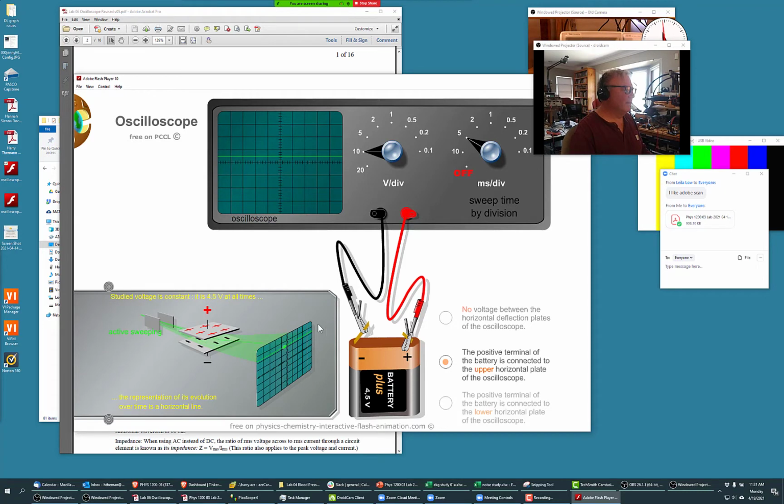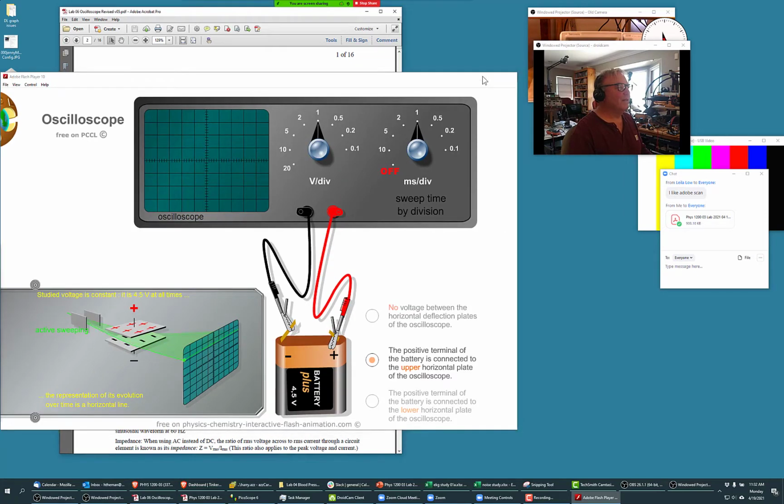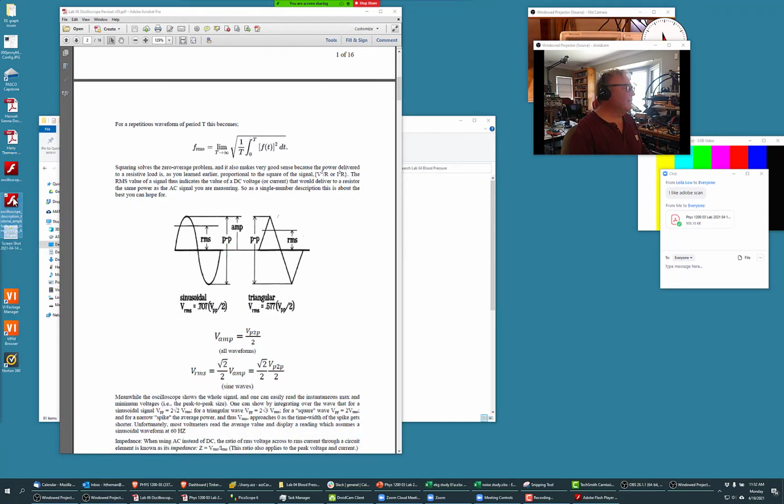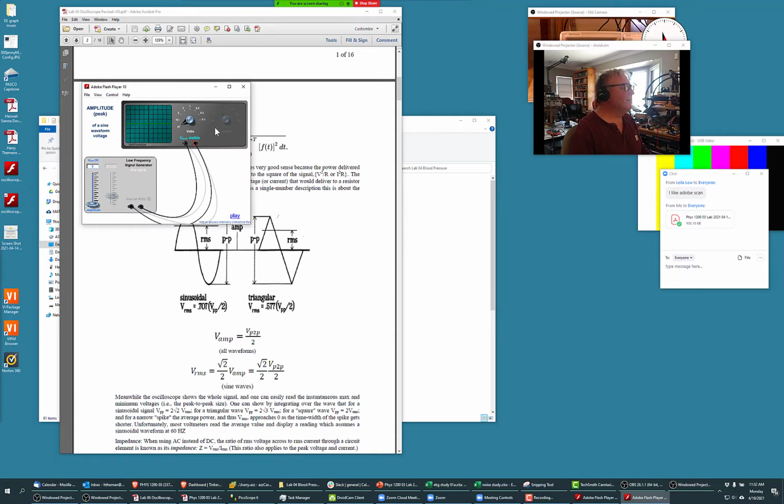It's set up so the dot goes across, and then you connect up the voltage, you change the sensitivity, and then you notice, let's see if it changes on the screen. Oh no, it doesn't do this screen either. I wonder why not. I thought it would show something on this screen. But again, the bottom line is it's a time-dependent voltmeter.